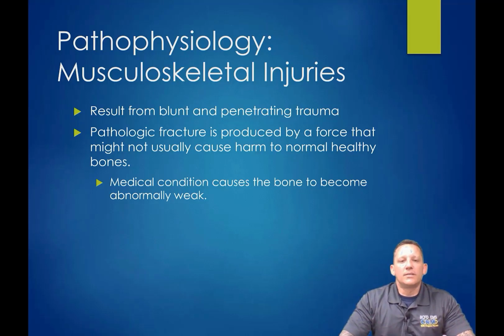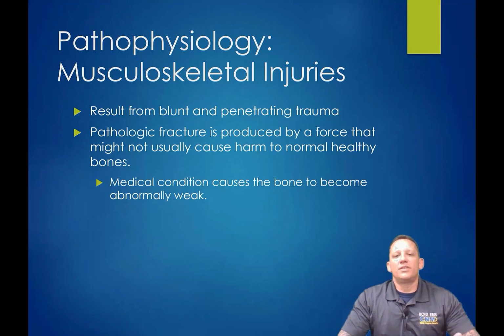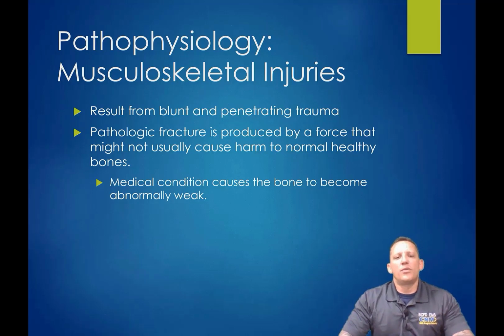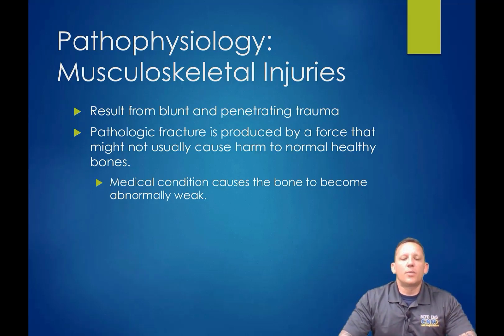fractures her humerus, right? And so this is obviously caused by medical conditions, and in the example that I've just given you, that would be an elderly female who's gone through menopause, which has caused that hormone imbalance, and now she has osteoporosis.